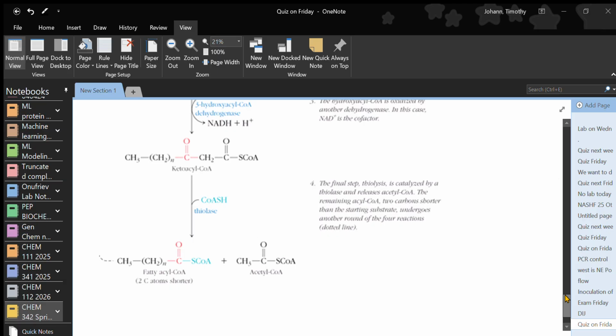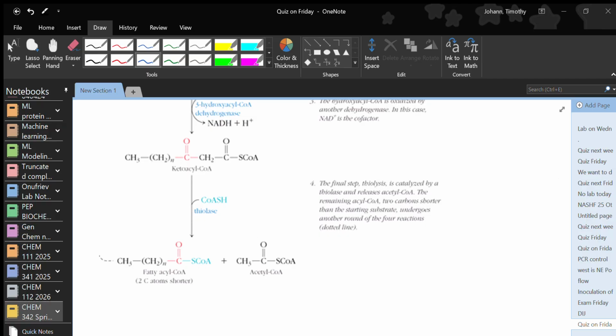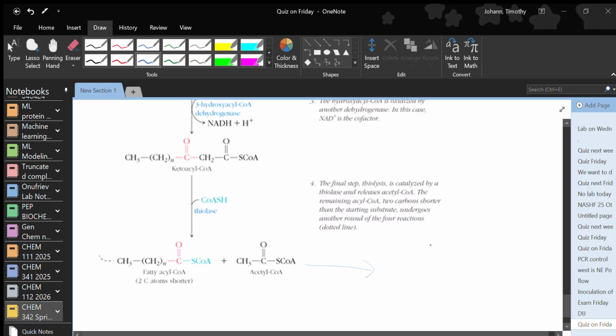Yeah, the point of this is to make the acetyl-CoA, and one of the things you can do once you've made that acetyl-CoA is run it through the citric acid cycle. You could also use the CoA to synthesize amino acids.